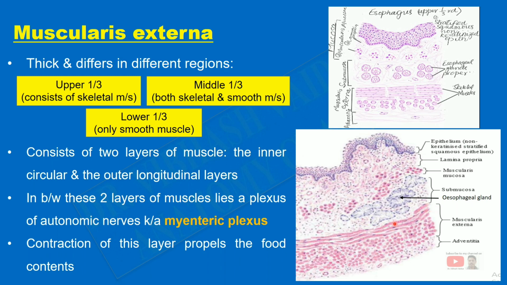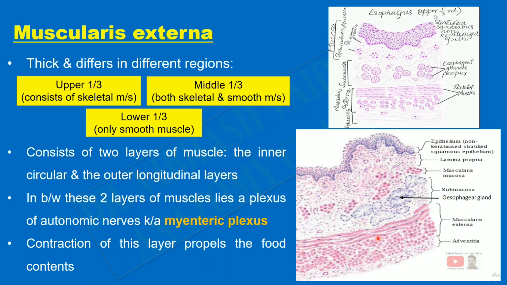So as we have already discussed, this muscularis externa consists of two layers. You can appreciate in this picture the inner circular and the outer longitudinal layer. In both the pictures we can see the inner circular and the outer longitudinal layer. And also remember, students, in between this inner circular and the outer longitudinal layer of muscle, there lies a plexus of the autonomic nerves, and this plexus of the autonomic nerves is also known as the Myenteric plexus.